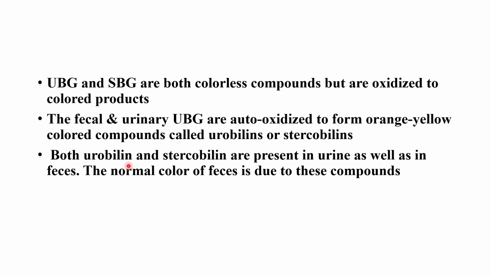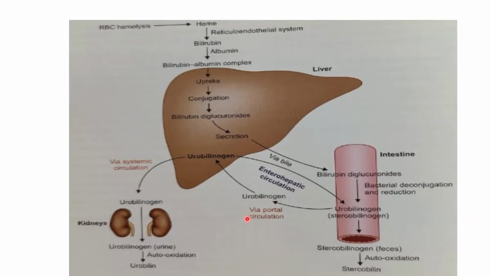Both urobilin and stercobilin are present in urine as well as in the feces. Basically they are responsible for the different colors of feces and the urine. The normal color of feces is due to urobilin and stercobilin.